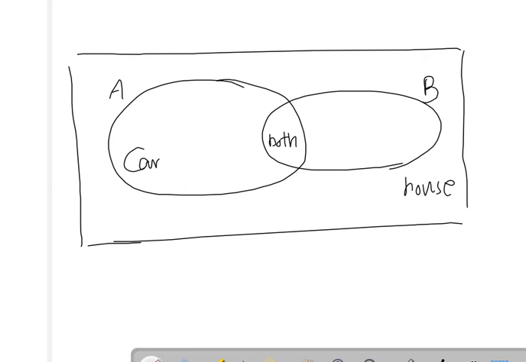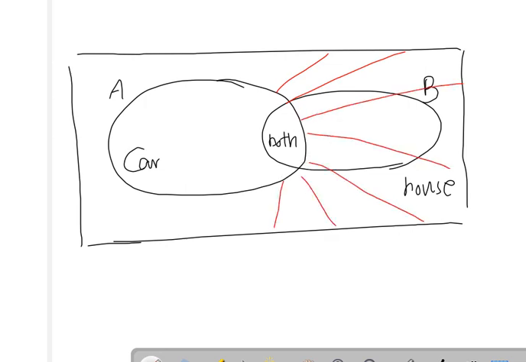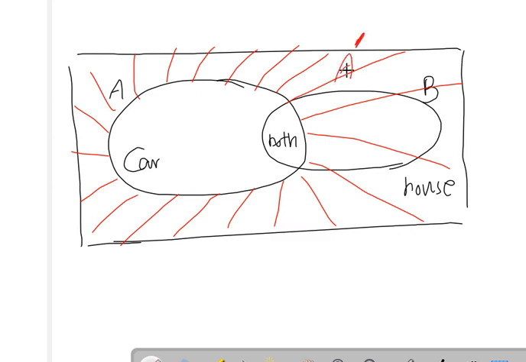So the individuals that don't have a car are in this area. It's A prime.